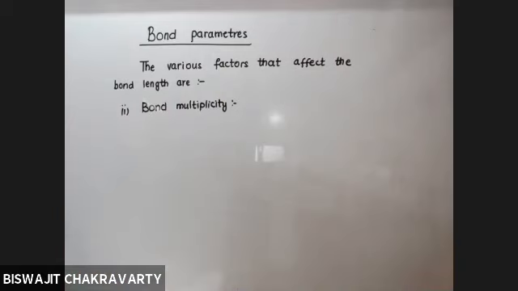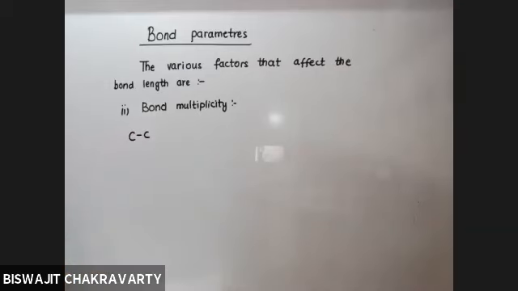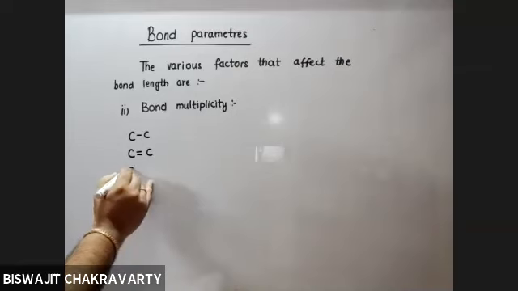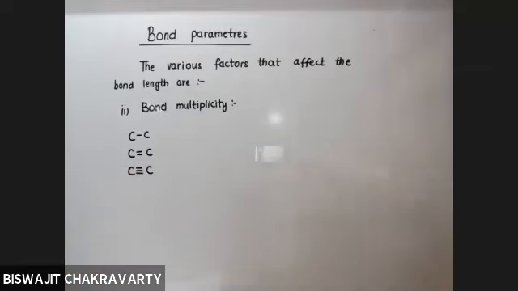Bond multiplicity stands for the number of bonds present between the two atoms. Suppose we have carbon single bond carbon, carbon double bond carbon, and carbon triple bond carbon. The multiplicity is increasing from carbon single bond carbon to carbon triple bond carbon.